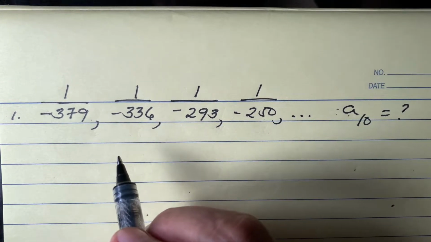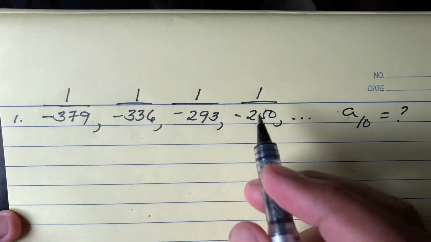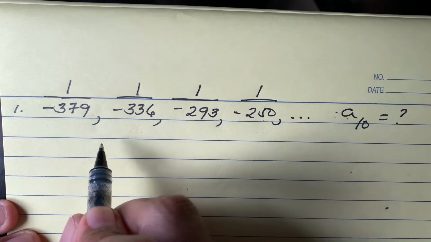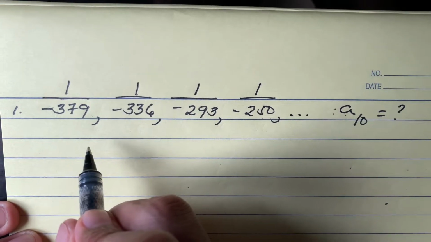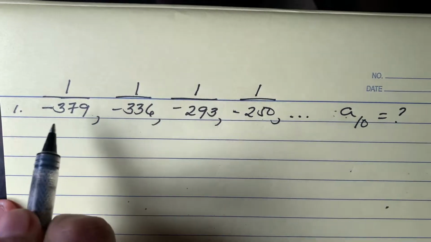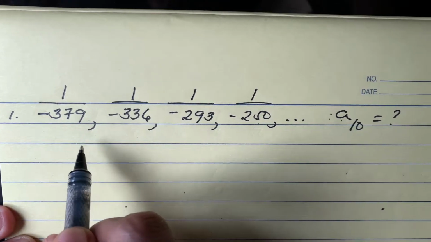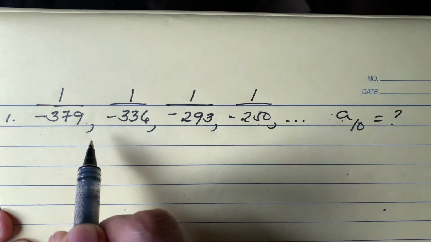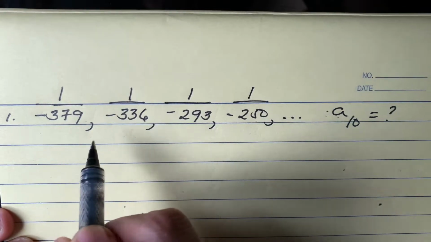Okay, so we are going to find out the 10th term of this harmonic sequence. But first, we are going to find out our common difference. As I mentioned a while ago, your denominators will be considered when they form an arithmetic sequence. Then we can tell that this is a harmonic sequence.